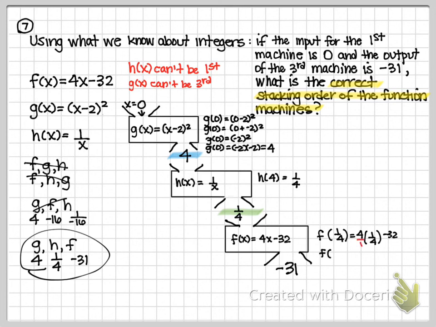So f of 1/4, that's going to give me 4 over 4. Bring the minus 32. 4 over 4 is 1. Minus 32. I don't like the way that looks. I'm going to do 1 plus negative 32. And there's the negative 31 that I wanted. I got it.